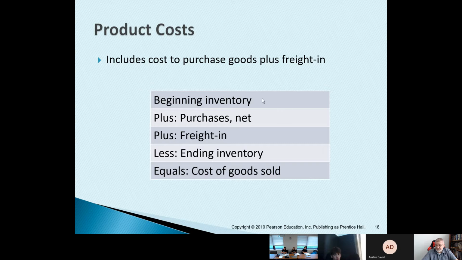So they didn't have any. Okay. So plus the purchases. So they bought that grill. So now they've got some because they purchased it during that period. And they had some freight expenses that came in. Less the ending inventory. Well, at the end of February, they hadn't sold it yet. Okay. So that is in their ending inventory. So that goes to the cost of goods sold.